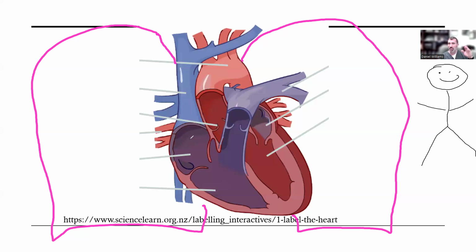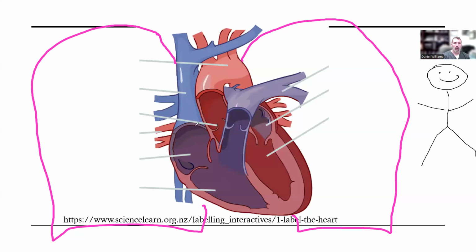Blood returns to the right atrium by way of the superior vena cava, which you see here, and the inferior vena cava you see here. These deliver deoxygenated blood, and that's why we're going to utilize blue and red. Blue is going to denote deoxygenated blood, red will denote oxygenated blood.